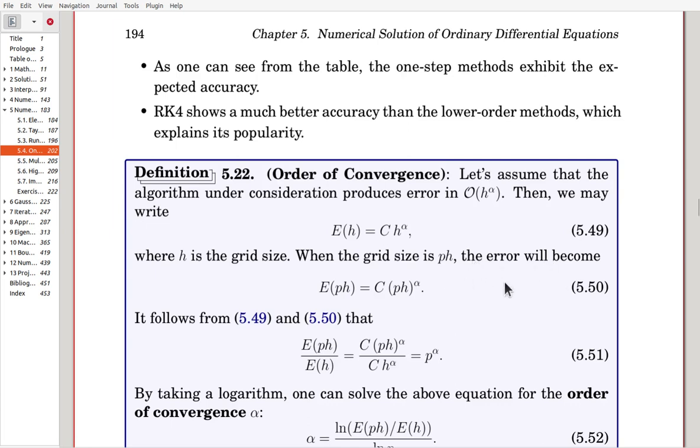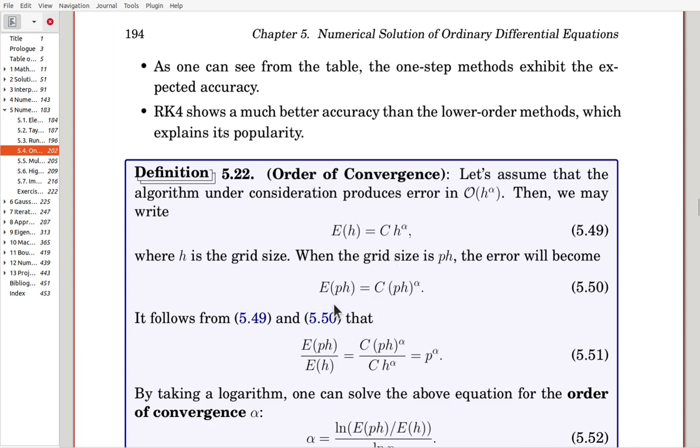If we assume that the algorithm has an error of order alpha, then we may write it down in this way: after measuring the error with the computation done with h, there is C times h to the alpha.